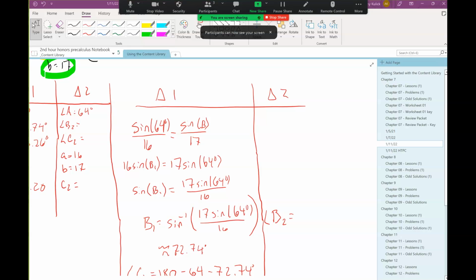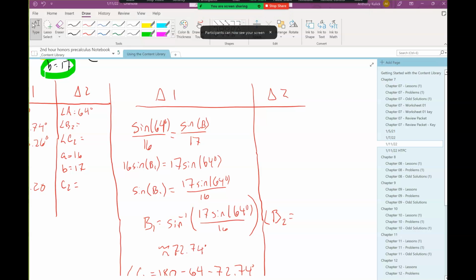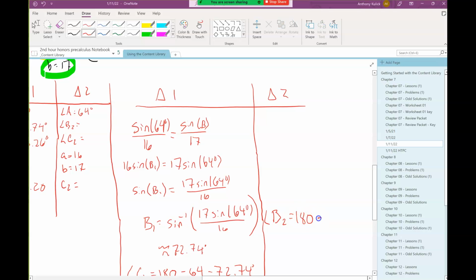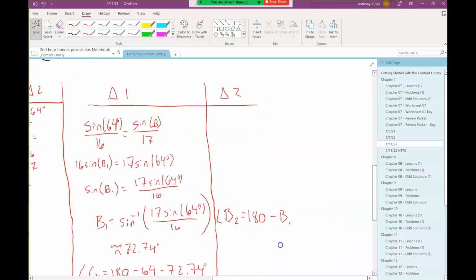So to get angle B2, I have to find the complement of angle B1, or the supplement of angle B1. That'll always be the case.